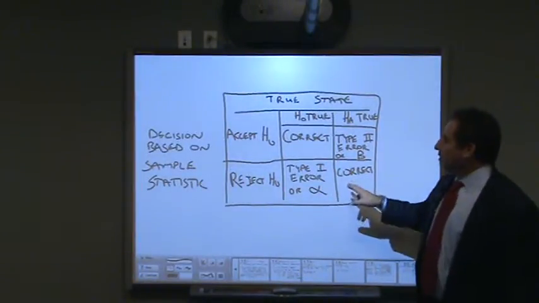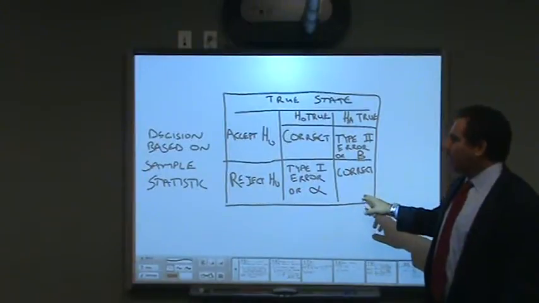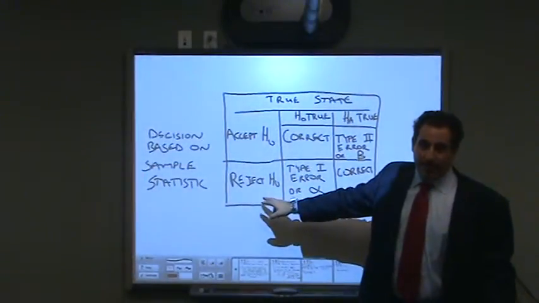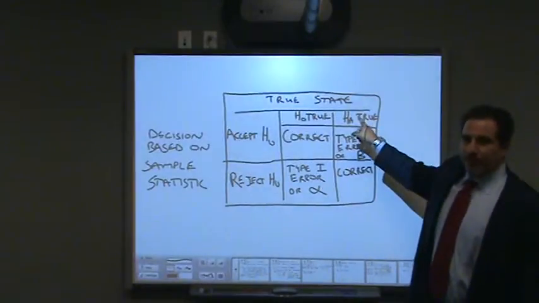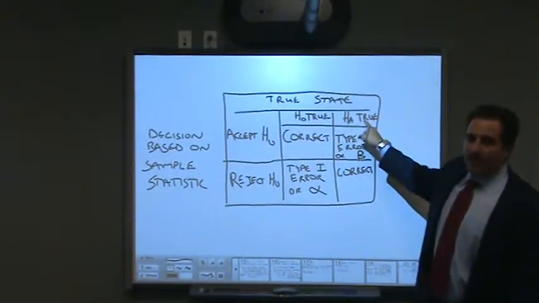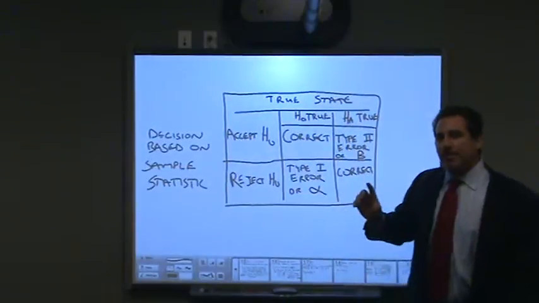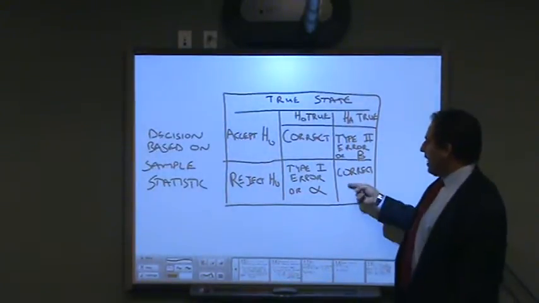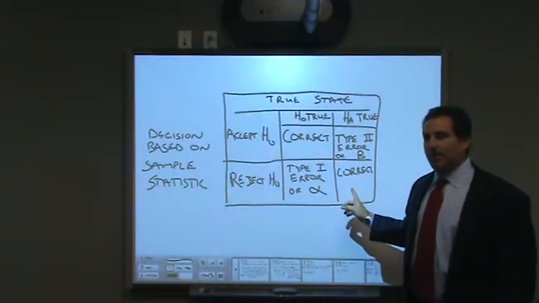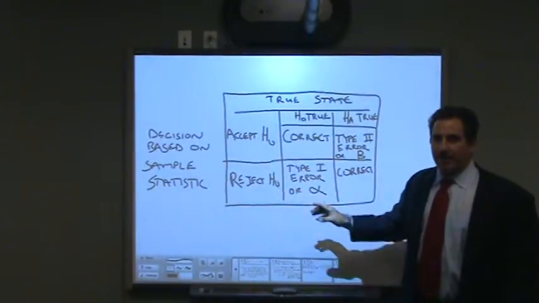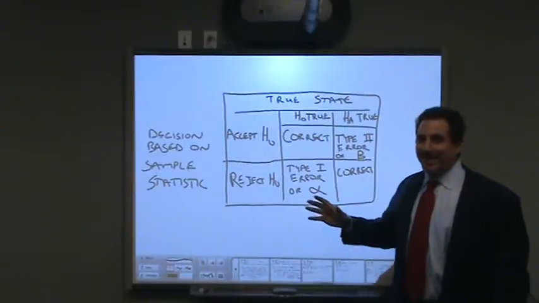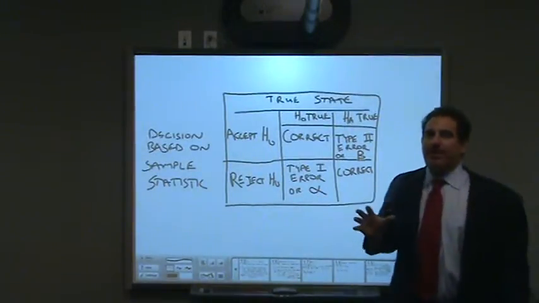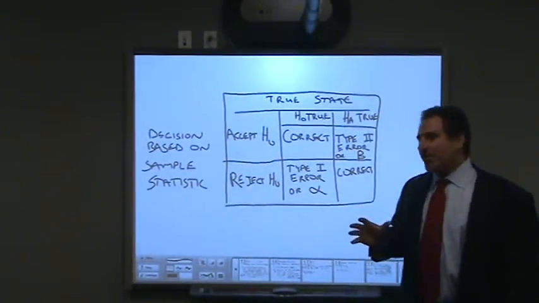Another possible correct statement that you could make is that you reject the null hypothesis, that there's no difference, because in reality, in the world, there is a significant difference between sex offenders and others on IQ. And that would be then a correct decision to reject the null hypothesis. Either way, you're right, and that's always a good thing. Now, there are two potentially wrong decisions that you could make.